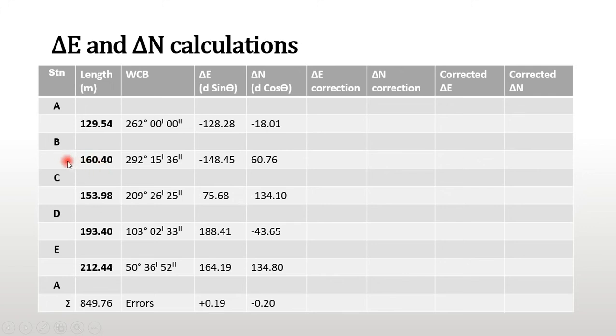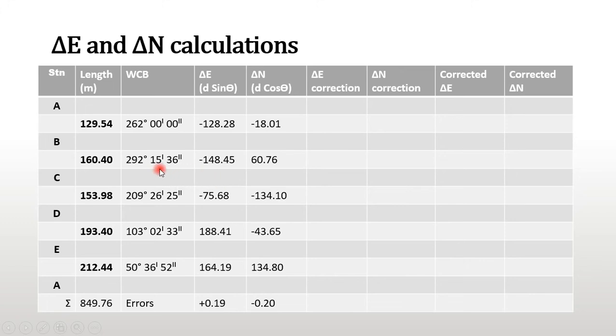So you do the same with these other figures. That is, for BC we have 160.40. Then for change in eastings, you say 160.40 times sine 292 degrees 15 minutes and 36 seconds. This will give you minus 148.45 meters.